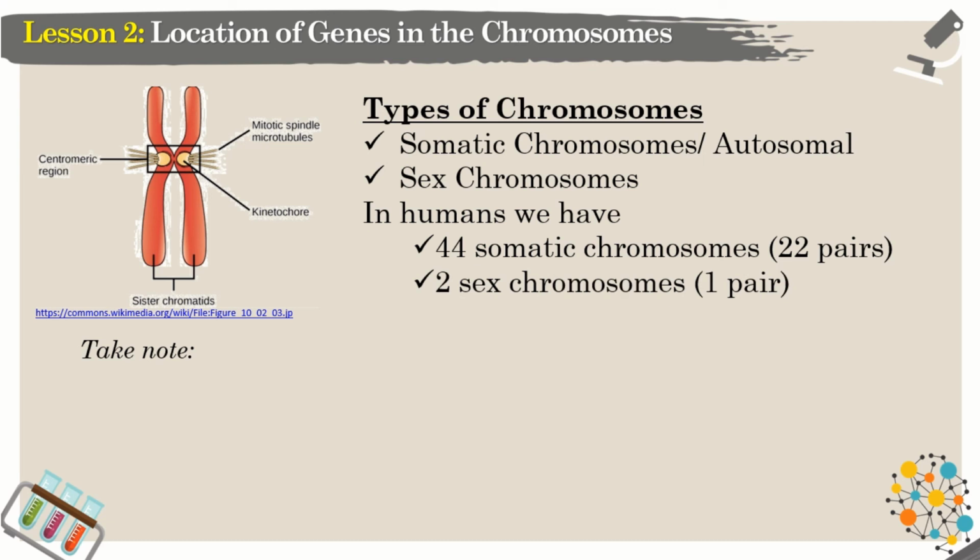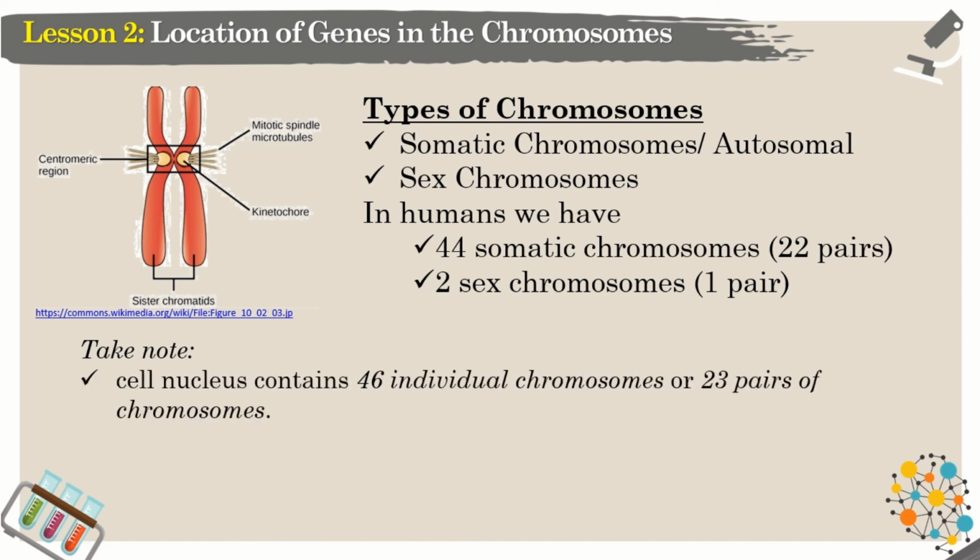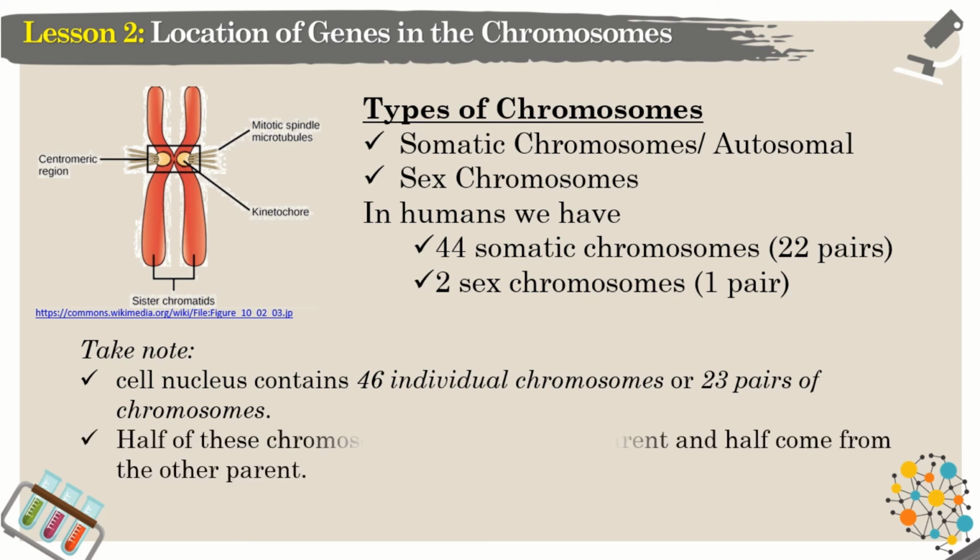Which means the 44 somatic chromosomes or your autosomes, we have 22 pairs. And then for sex chromosomes, you have 1 pair. So all in all, you have 46 individual chromosomes or 23 pairs of these chromosomes. Take note that half of these chromosomes came from your father and then the other half came from your mother.